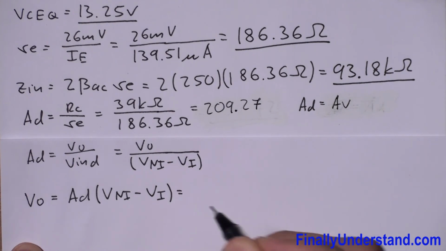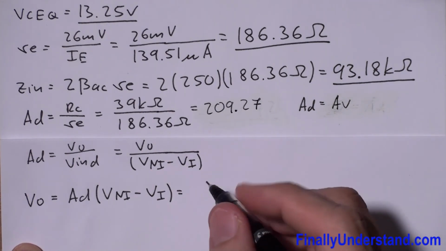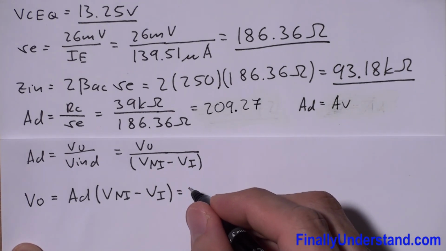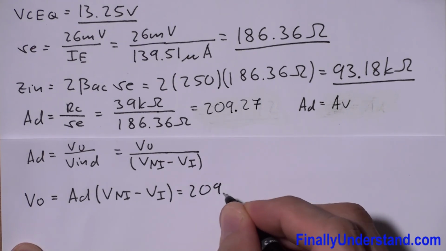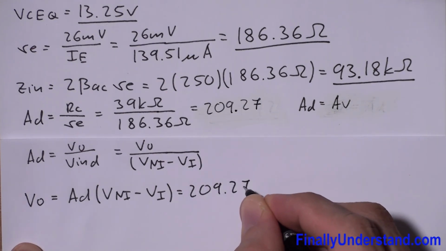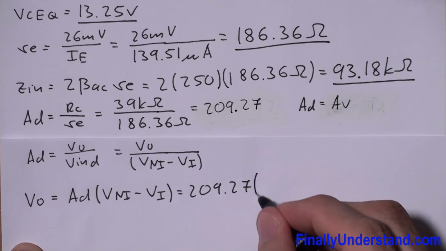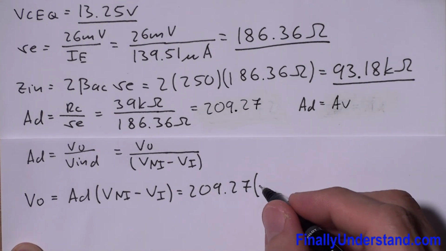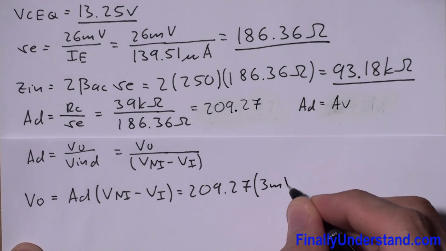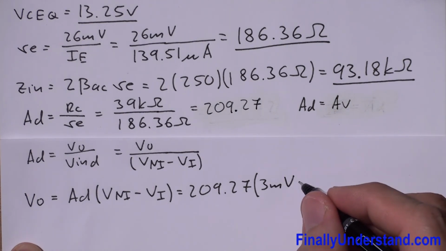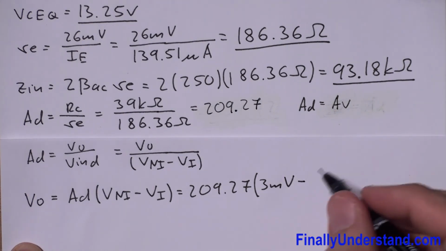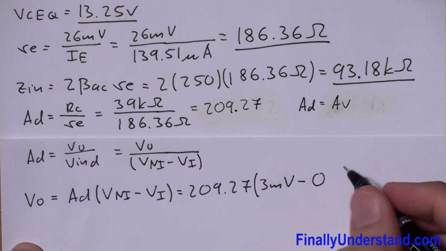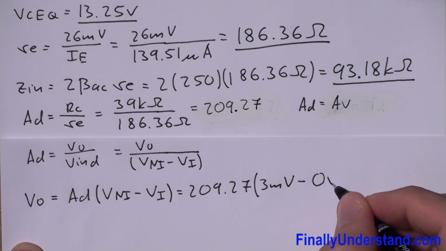We found that the differential gain is equal to 209.27 times the voltage at the non-inverting input, which is 3 millivolts, and the voltage at the inverting input is 0 because that input is connected to the ground.